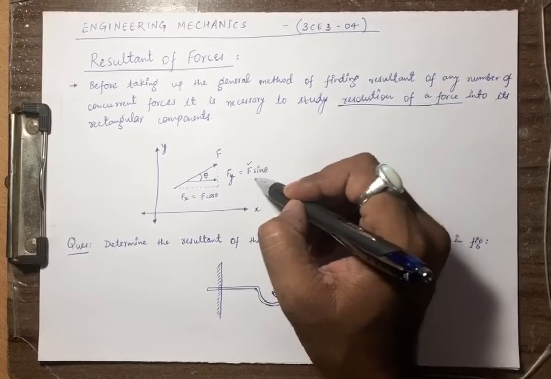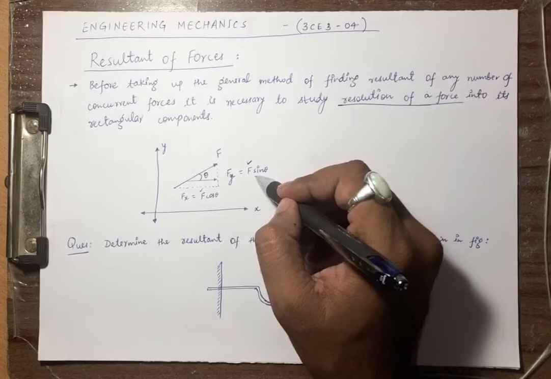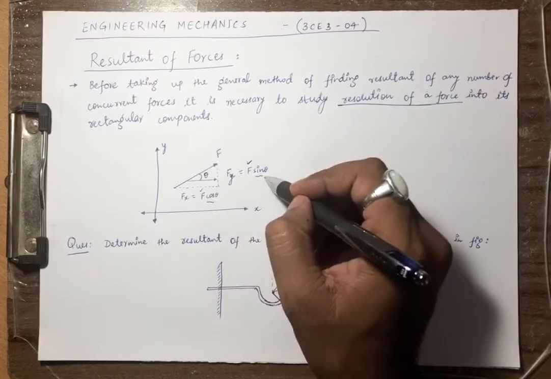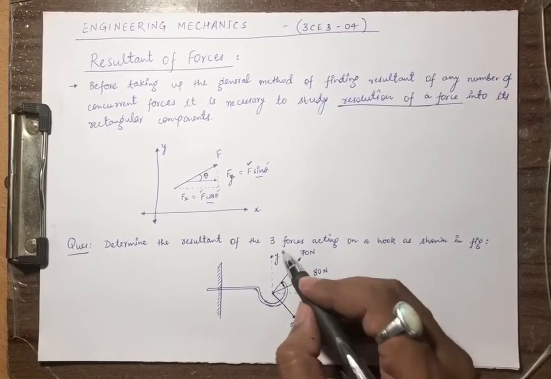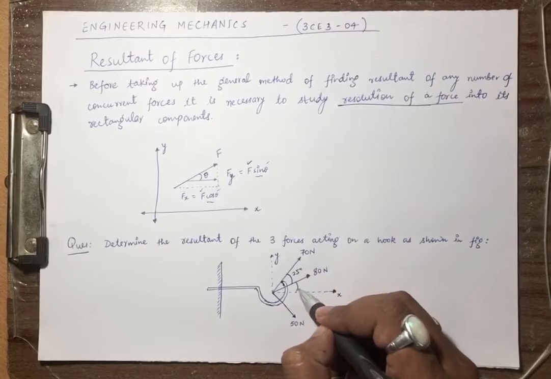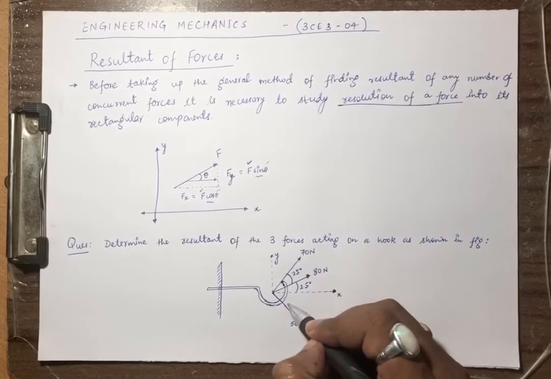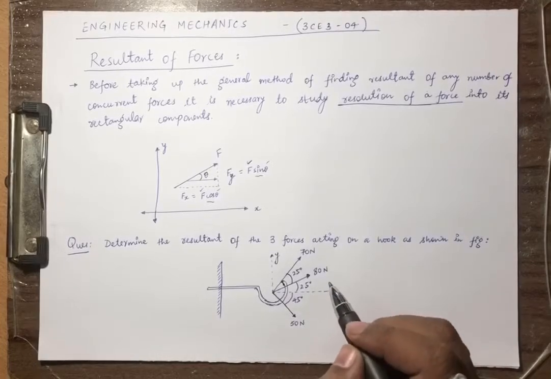So in F sin theta, F is known. So what is missing? Sin theta and cos theta, which will depend on theta. So we have to give theta also. So given this is 25 degree, this is also 25 degree, and this is 45 degree.